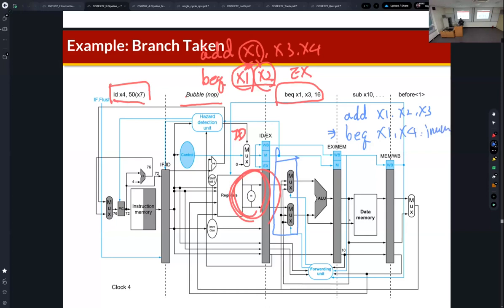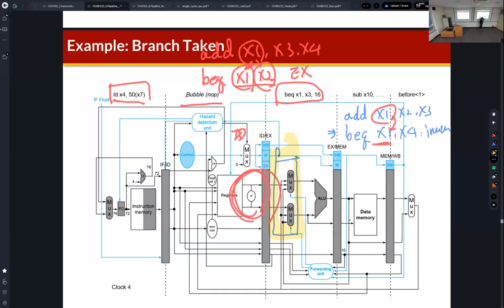The problem is this branch instruction needs to receive data from the add instruction. But in this design, the forwarding mux is here. Because the forwarding mux is here, the result of the add instruction can be forwarded to the next stage when the add instruction is in the memory stage.